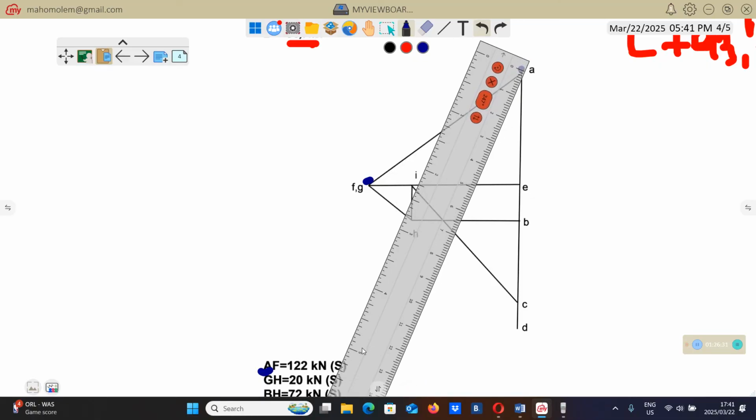Because I did the zooming, but you should get 6.1 maybe. Just that you might not get it now because of the zooming as I showed you earlier.